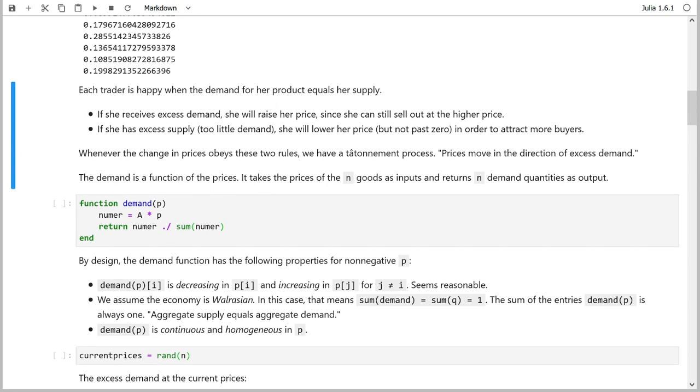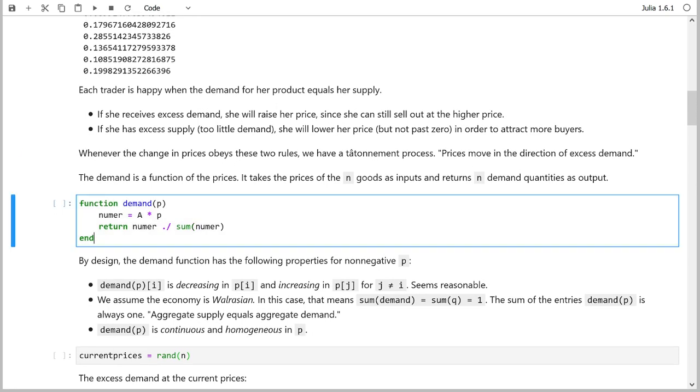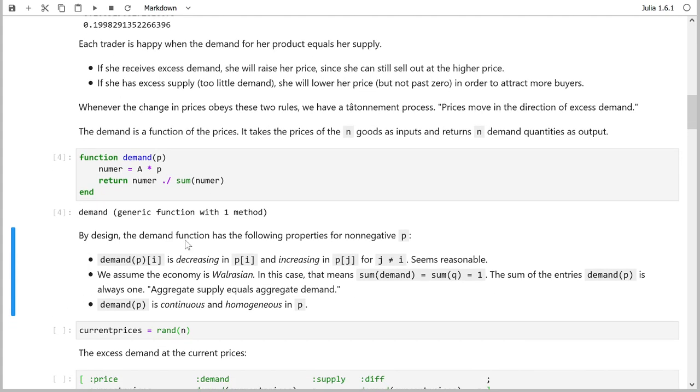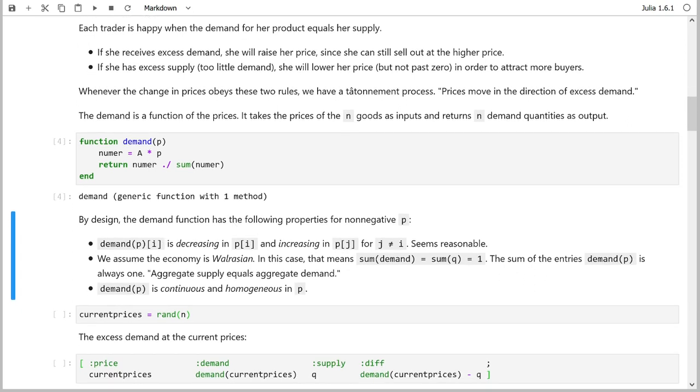So I have picked a demand function that satisfies a number of arguably realistic properties, and in this case they are as follows. If the prices are non-negative, which is by assumption, then the demand is going to be decreasing in the price of the corresponding good and increasing in the other prices.